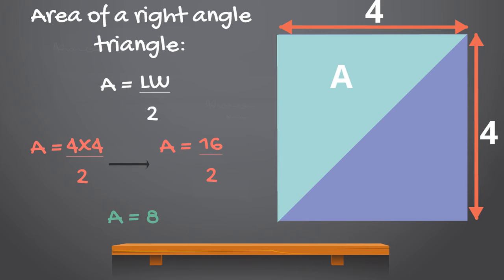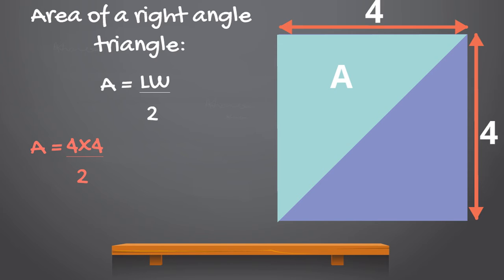So let's put that into practice. Here is a square, and I've given you what the length and the width are. We know that the formula for the area of a right angle triangle is area equals length multiplied by width divided by 2. So really simply, all we do is put the numbers in their correct places. So we don't know what area is yet, so we can't put that in. But we do know that length is 4 multiplied by width, which is 4, divided by 2.